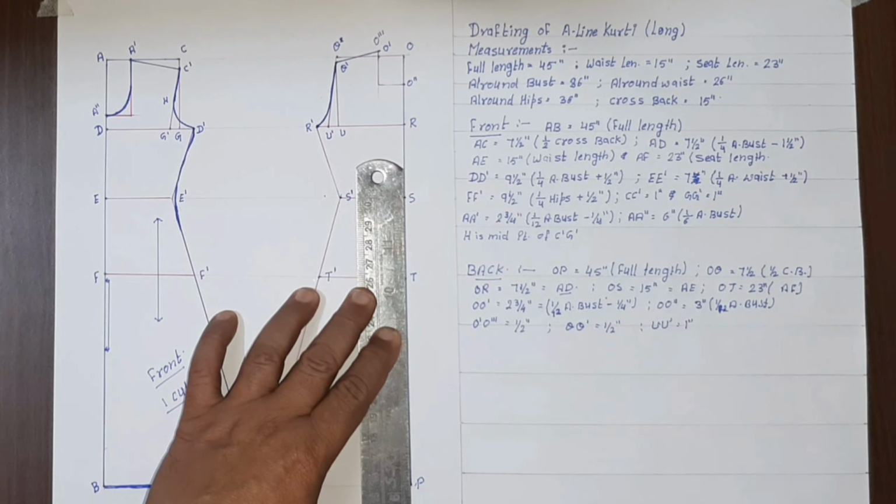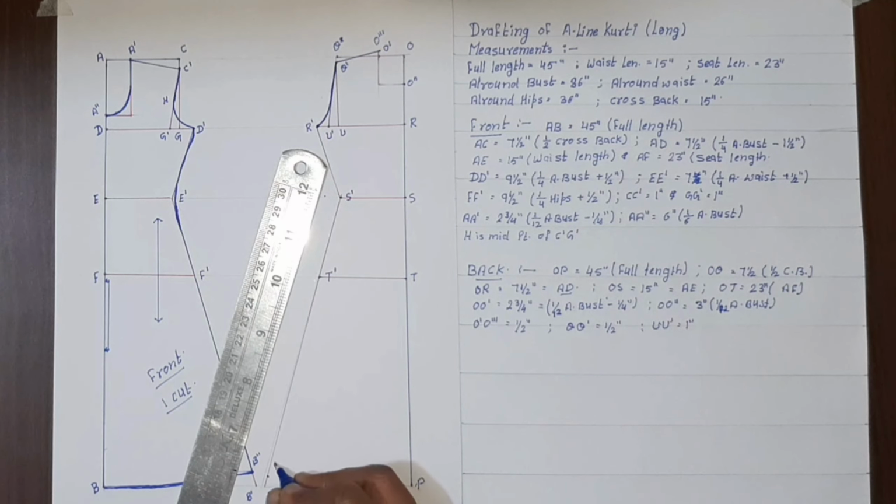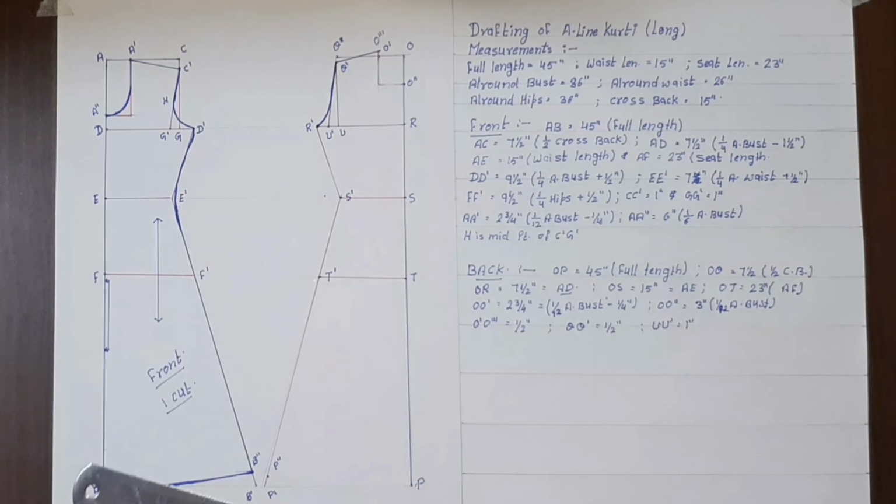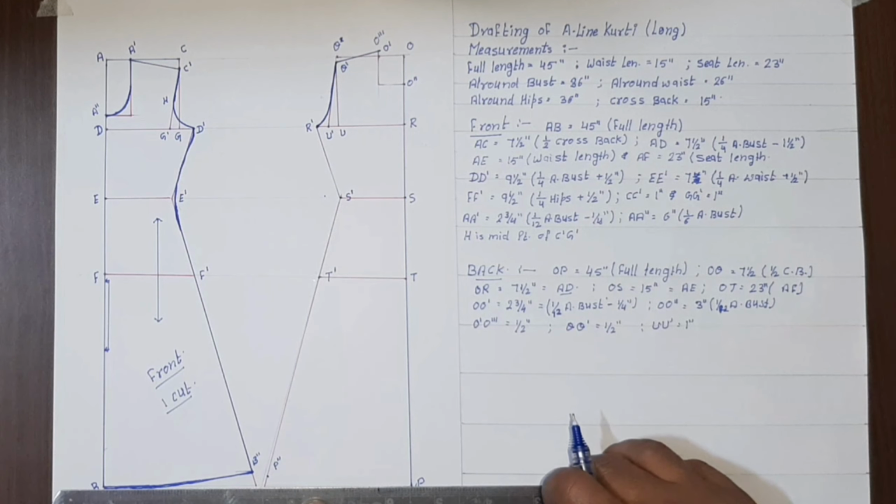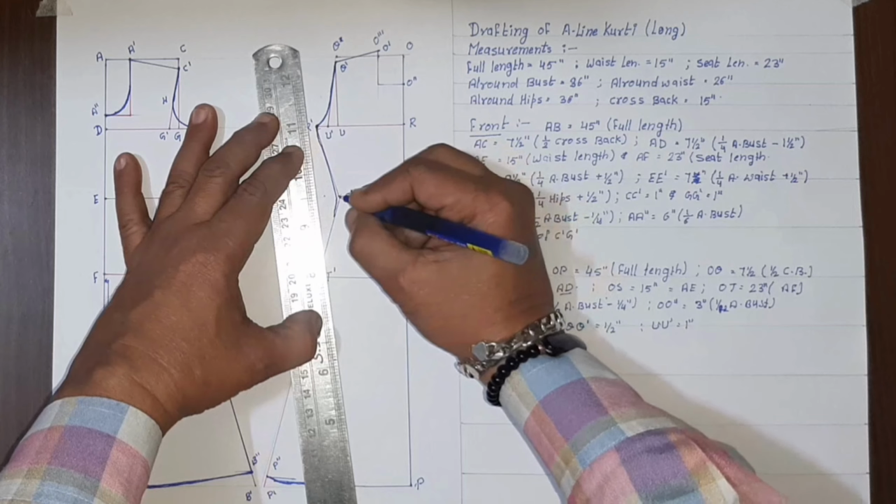Now we'll be marking the point P dash and P double dash. P dash where it cuts to the bottom, and P double dash is equal to SP, and S dash P double dash should be equal, and then we'll join it with the curve and we'll give the side seam curve also.